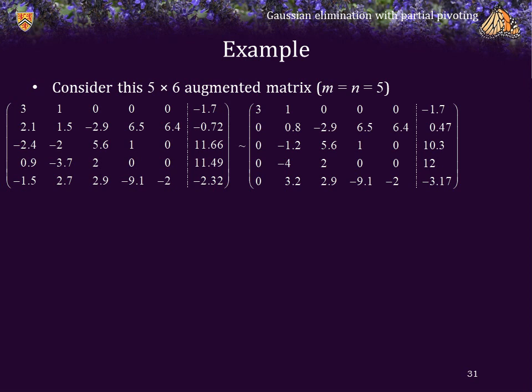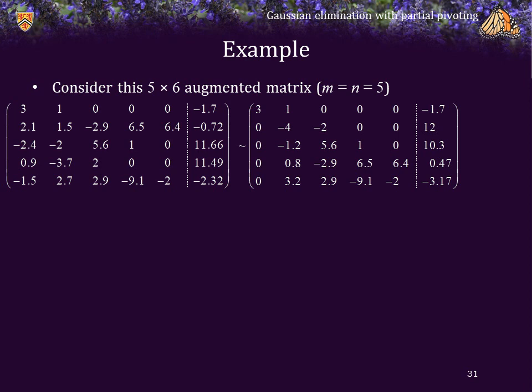So now we proceed to the next column. Now, taking a look at the next column, we note that there are 4 leading non-zero entries, the largest of which is in row 4. Therefore, we will swap row 2 and row 4. We will now add appropriate multiples of row 2 onto all subsequent rows to eliminate any non-zero values.